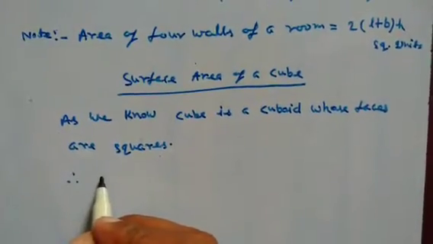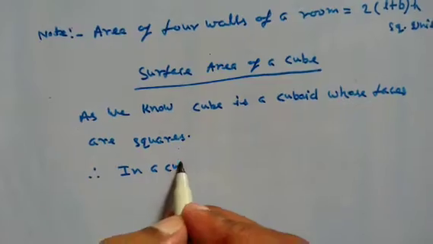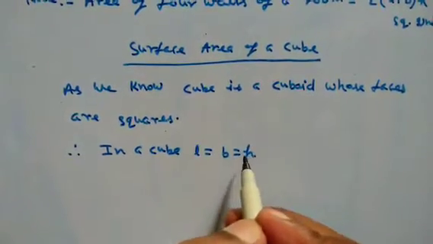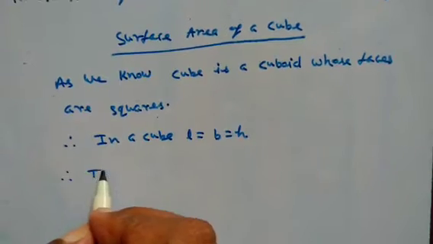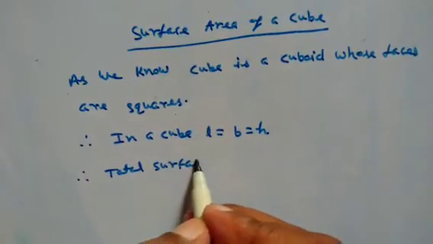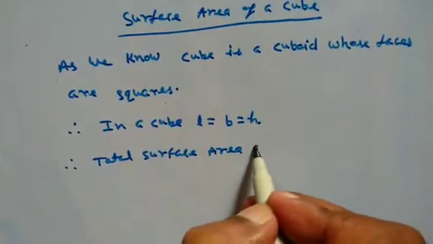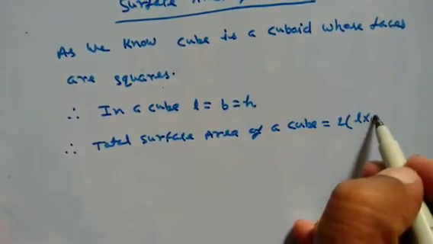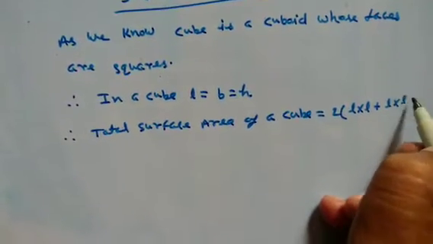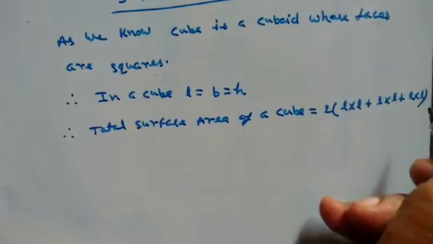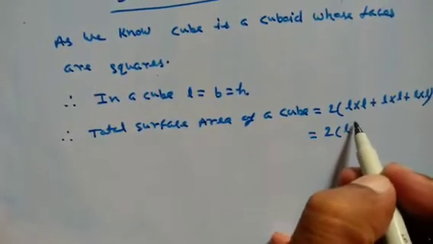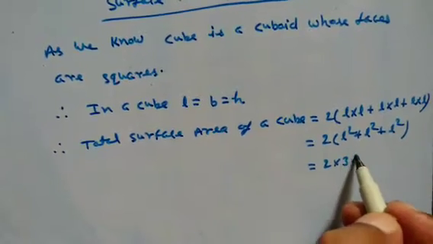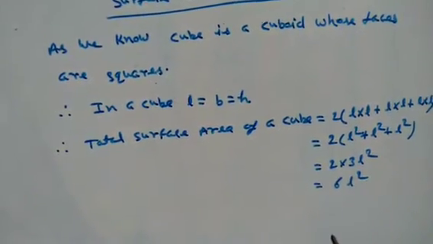So in a cube, L is equal to B equal to H. So the total surface area of a cube is equal to 2 into L into L plus L into L plus L into L, equal to 2 into L square plus L square plus L square, equal to 2 into 3L square, equal to 6L square.